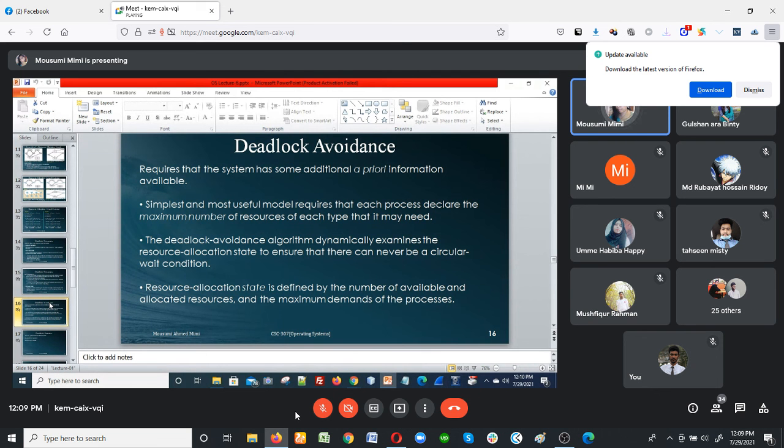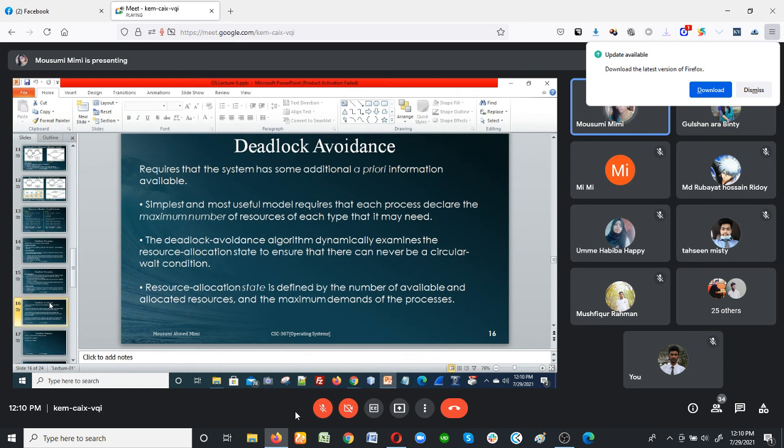Resource allocation state is defined by the number of available and allocated resources and the maximum demands of the processes. So resource allocation state means there is a table in the Banker's algorithm, and it gives the information about which process needs how many resources.